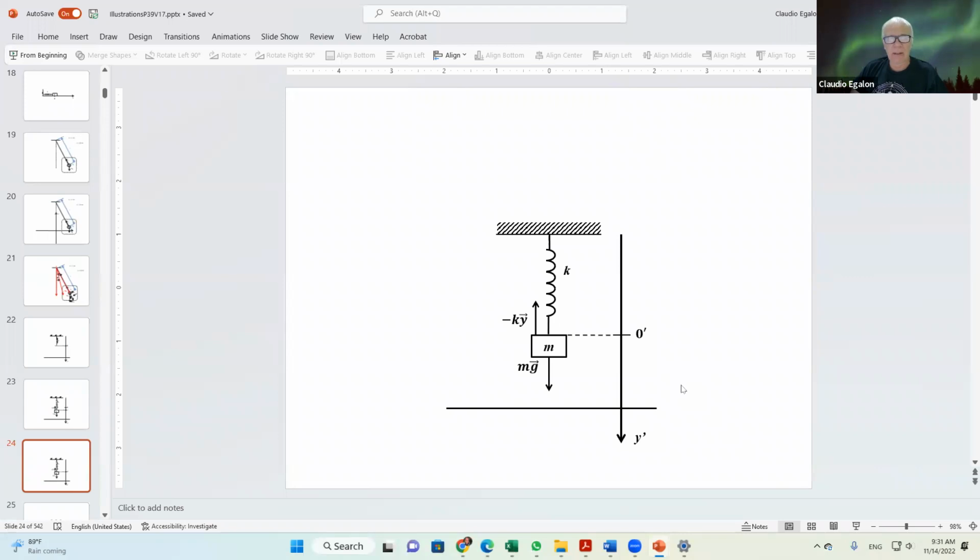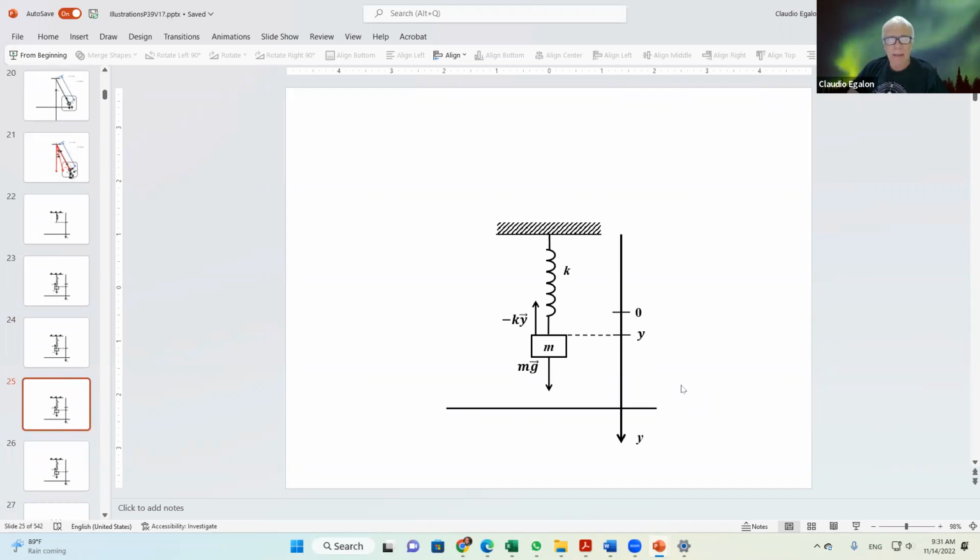Okay, if I just apply the mass in there, let the spring be stretched, and if I don't do anything, the particle is going to remain at this position of equilibrium. It's not going to oscillate, but it's a new position of equilibrium. Right?